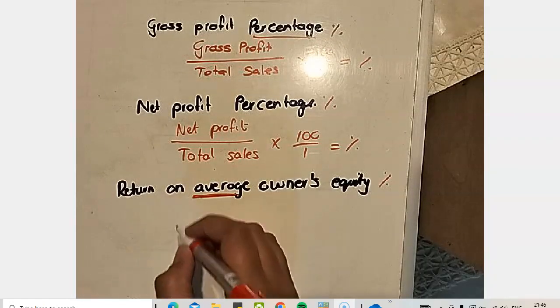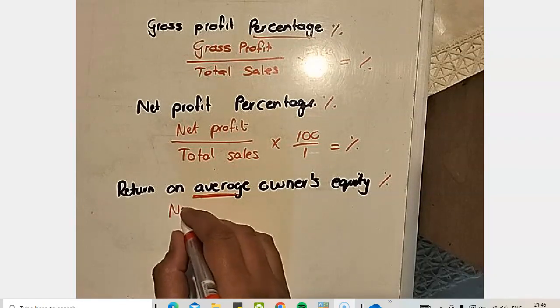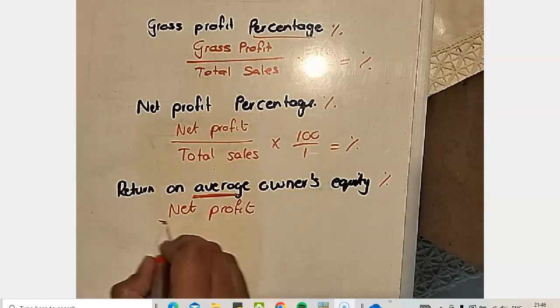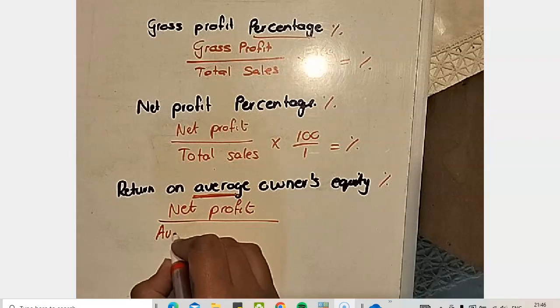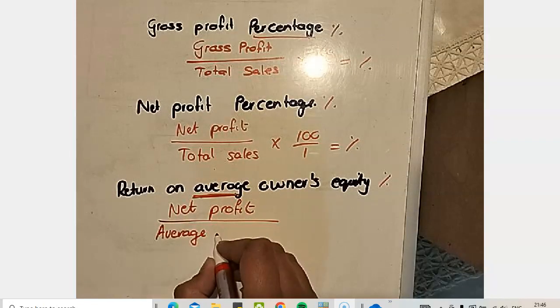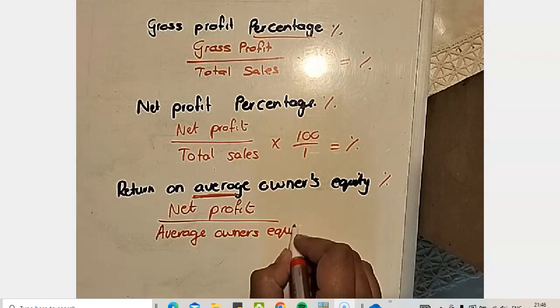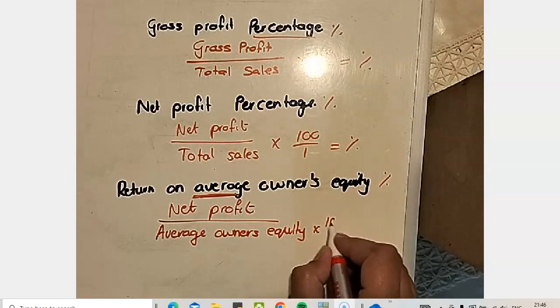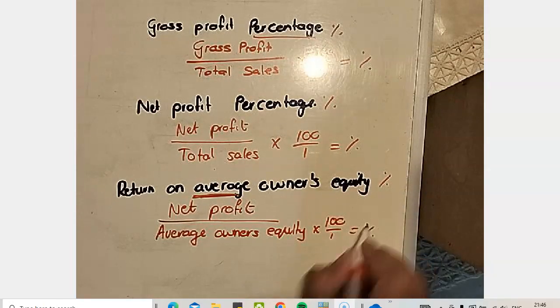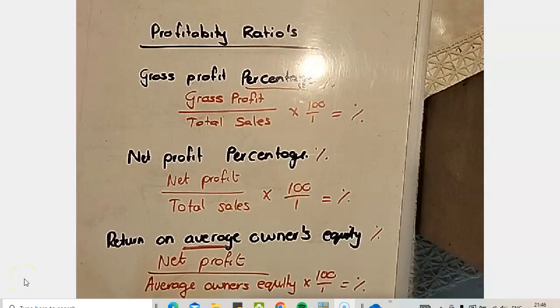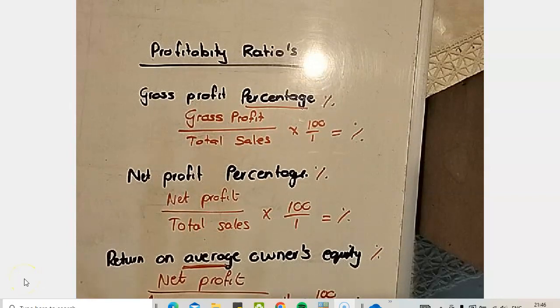So your calculation is going to be your net profit over your average owner's equity times it by 100 over 1 to get your percentage. Now, when you interpret this section, you will always have to refer back by the previous year.